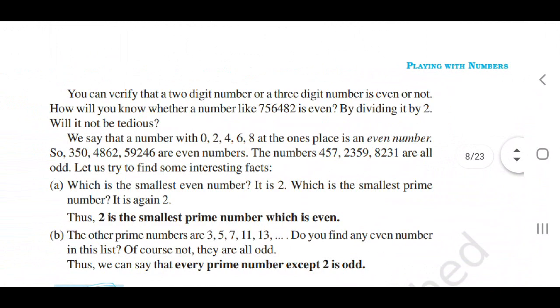So you know that 2 is the first prime number because 1 is neither prime nor composite. 2 is the first prime number. So 2 is the smallest prime number, which is also an even number. Then other than 2, all prime numbers are odd. You just check it, isn't it?